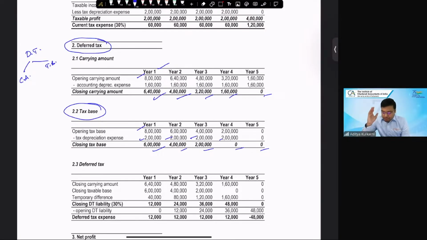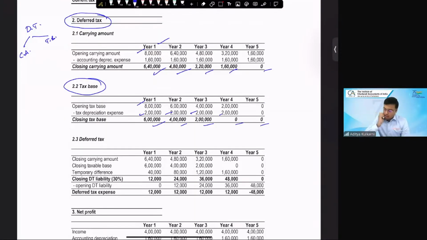Now, compare the closing carrying amount and the closing tax base. That gives rise to a temporary difference. 40, 80, 1 lakh 20 and 1 lakh 60,000. This is your temporary difference.